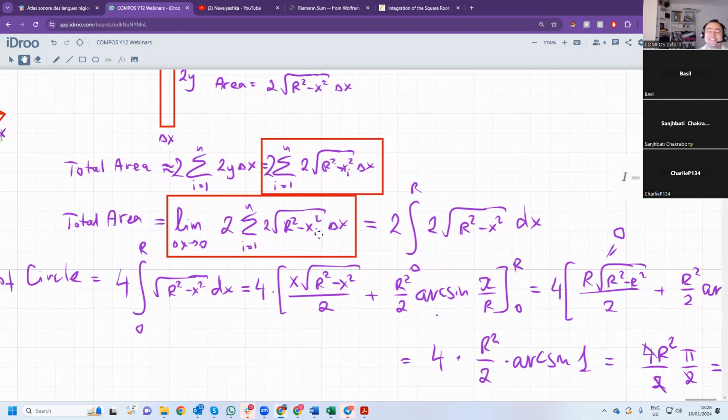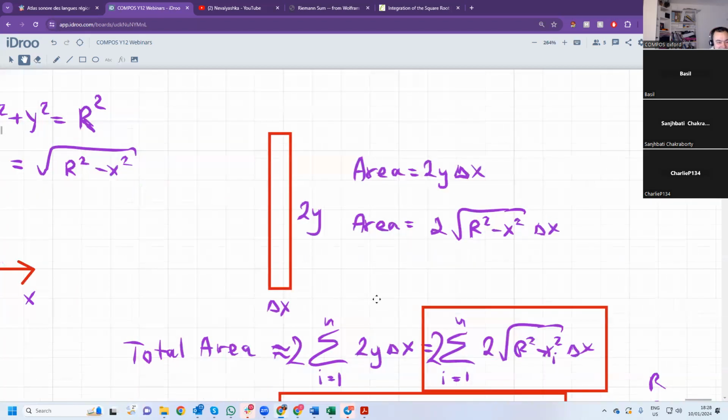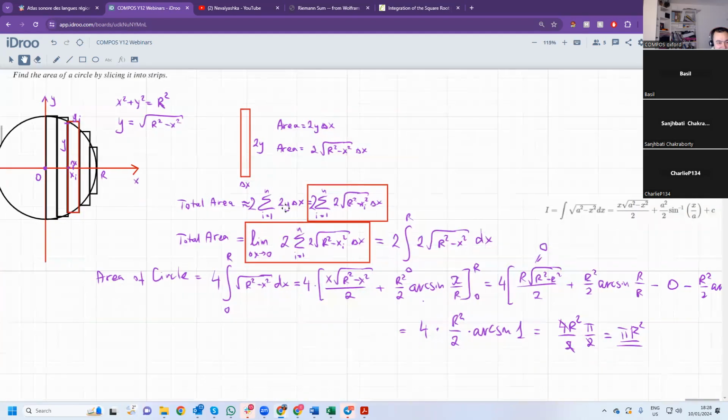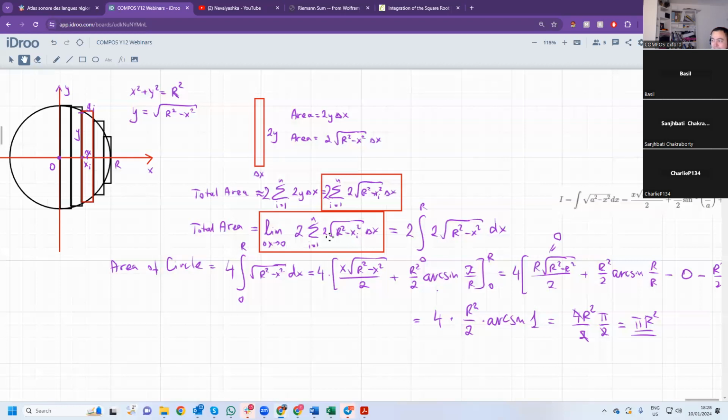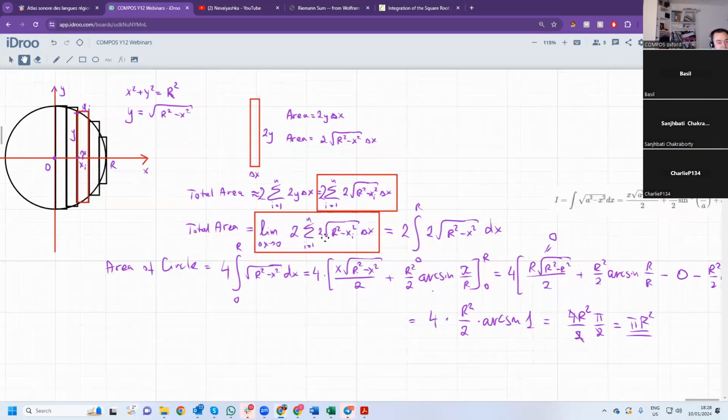Archie, you're asking a difficult question. How do you find that the antiderivative gives you the area under the curve? I forgot the answer to that question.